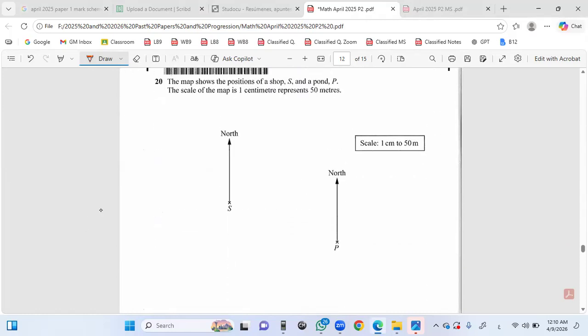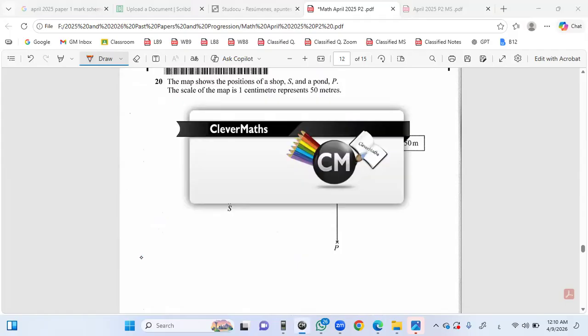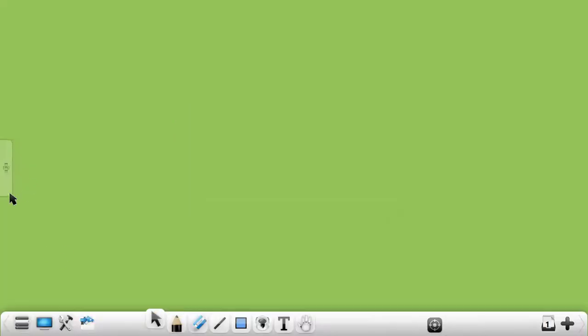Next, here they are asking you about the bearing. I'm going to have to open the application here for question 20. The map shows the positions of a shop S. Let's go here.